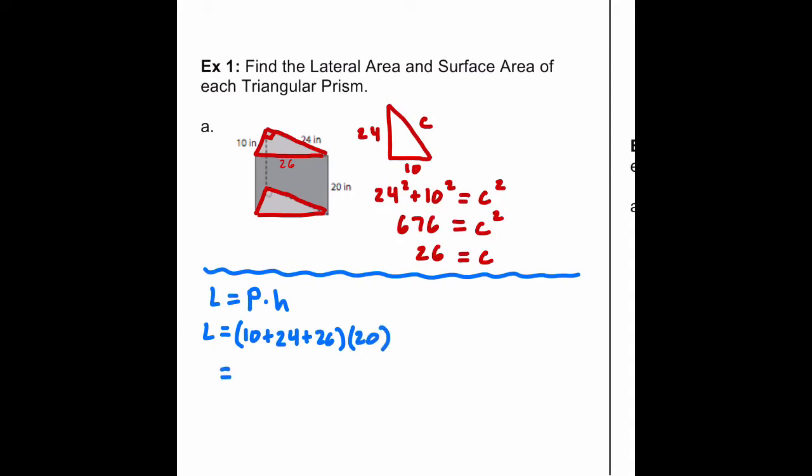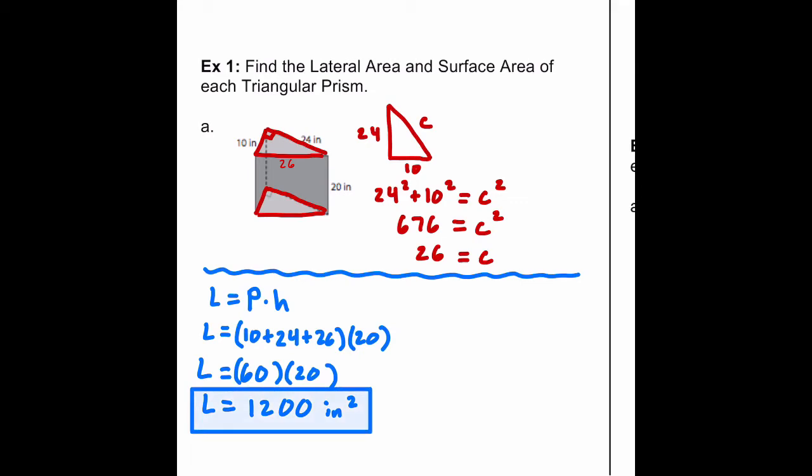Okay. And then I can go ahead and evaluate that. It's going to give me 60 times 20, which gives me a grand total of 1,200 inches squared for the lateral area.